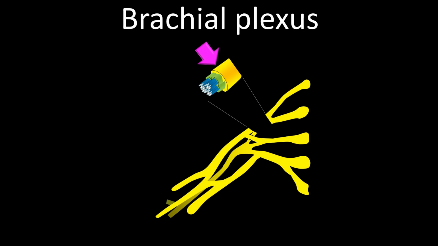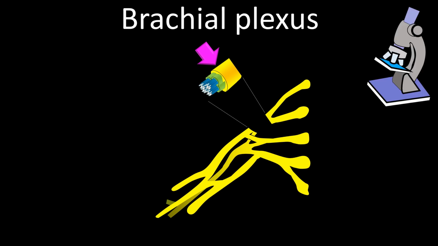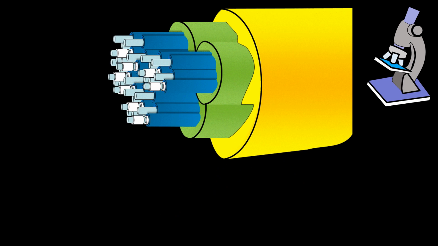Cutting through one of these bundles and looking in a microscope, we can see myelinated axons, as I am indicating in this frame with the arrows, and also unmyelinated axons, as I am now indicating.